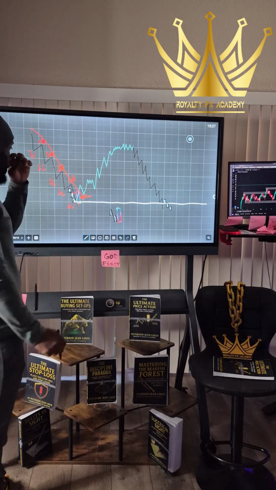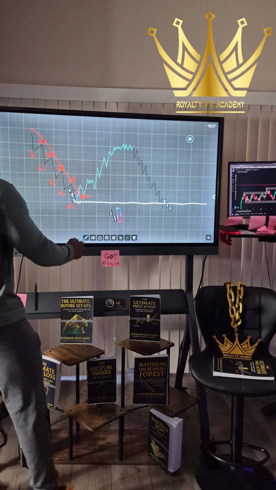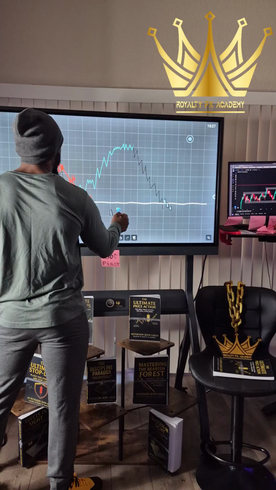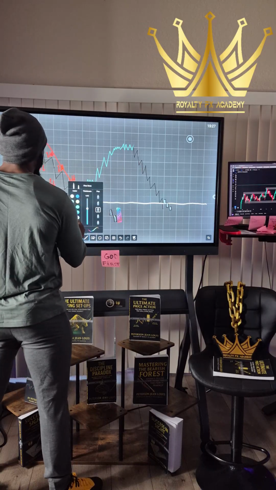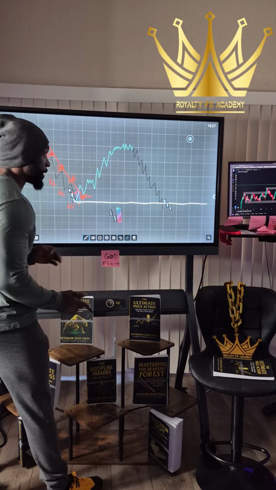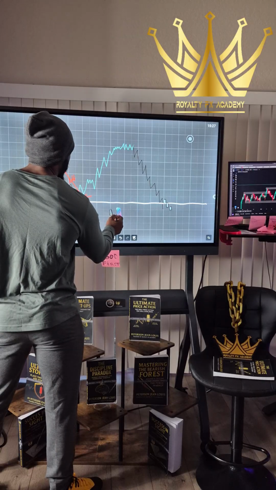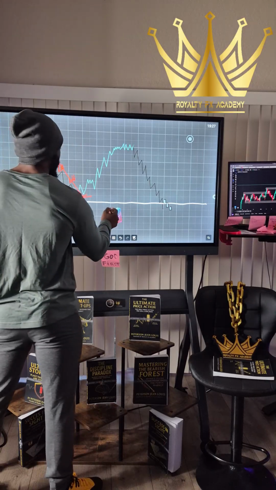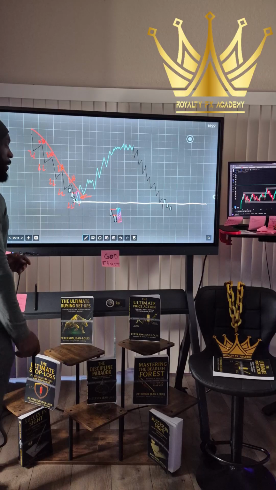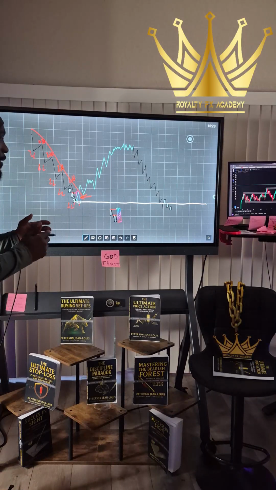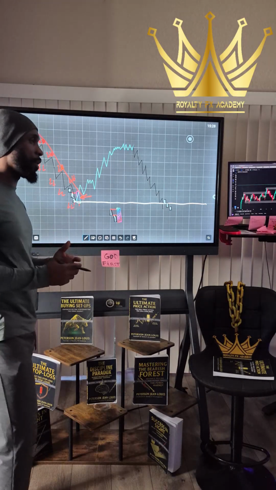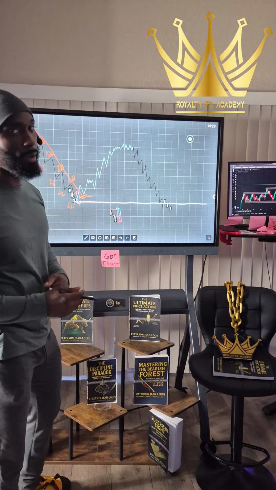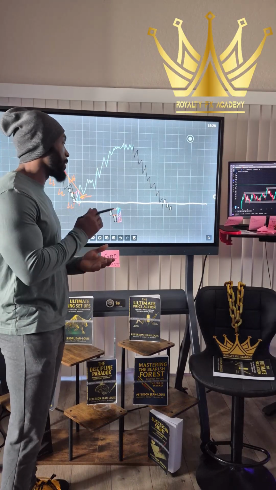Okay, you see that? What happened is this bullish candle not only engulfed the last previous bearish candle, which was this one, it also engulfed the last two. Okay. It comes in different formats. All right. The bullish engulfing comes in different formats.